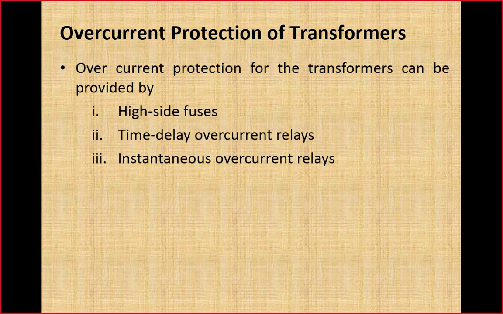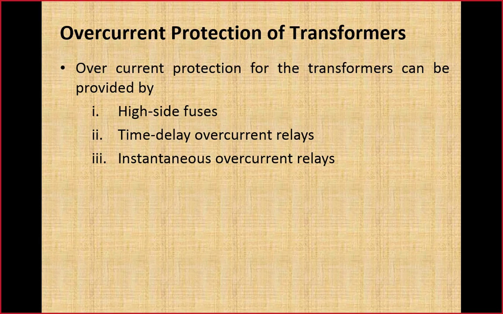So these are the three devices which we can use for protection of the transformer against overcurrent condition. Now the high side fuses. These devices are used for low power rating transformers, normally used in distribution systems, known as distribution transformers. And these fuses are used to provide protection against only the fault conditions.